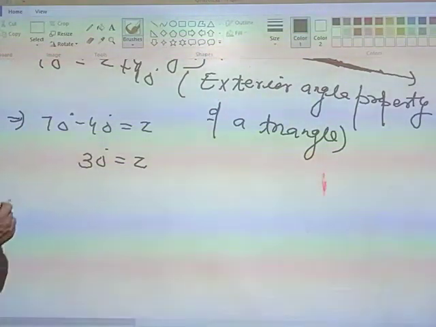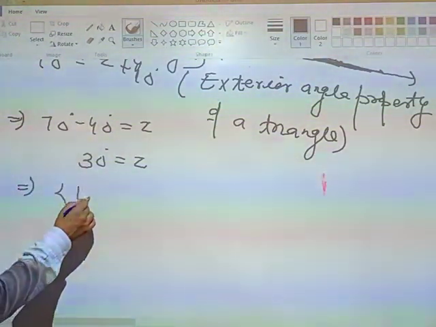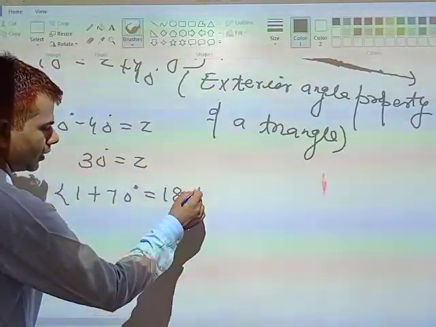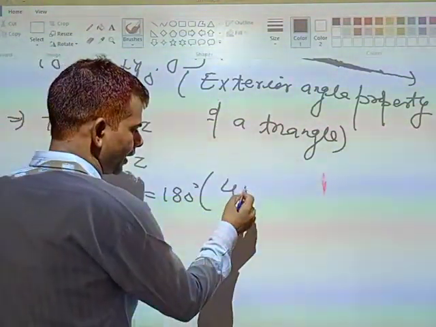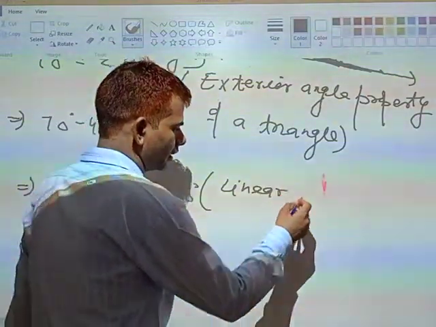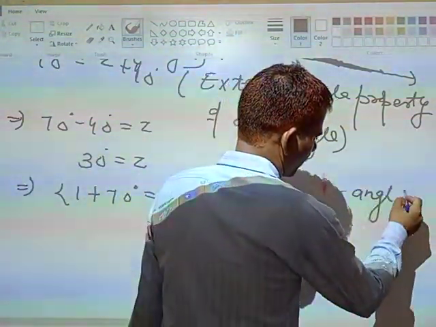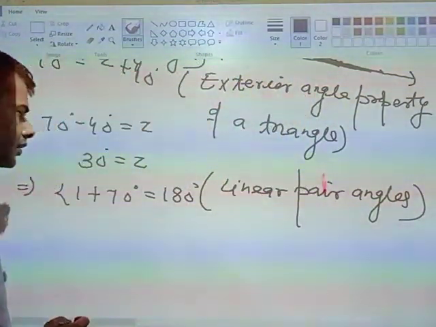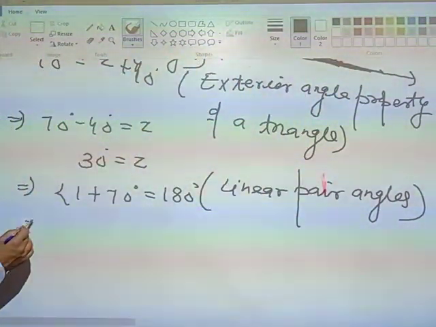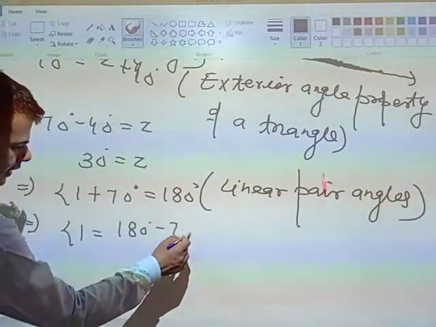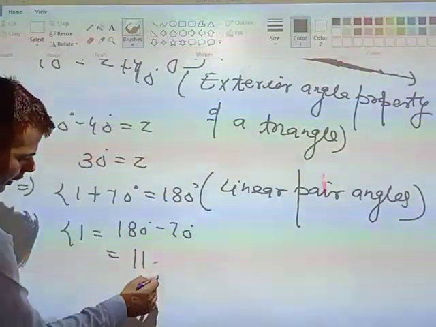Angle 1 plus 70, that is 180 degree. Why? Linear pair angles. Now students, find out the value of angle 1. That is 180 minus 70. That is 110.